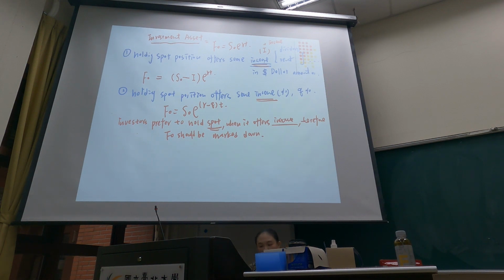Yeah? Secondly, when you hold the spot, sometimes it will incur some storage cost, right? So for instance, when you harvest your wheat before the delivery, you need some storage to keep your wheat, to keep your yellow beans, even all those animals as well. And even for gold, you need some safe case, right? So in that case, all these are costs.